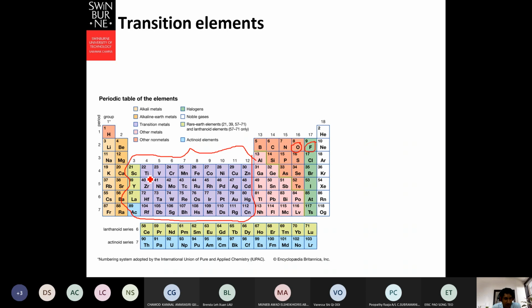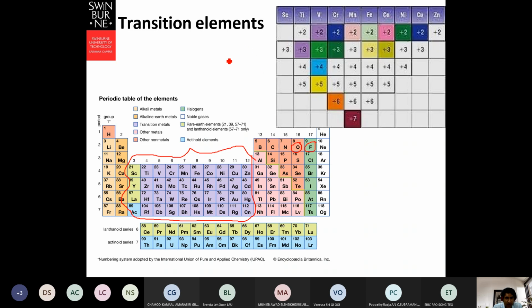Each of them can have multiple oxidation states, and it can go from -7 to +7. It can go to this extreme. So it can show negative oxidation state, and it can also show positive oxidation state. And due to this, there are so many colors in the world.